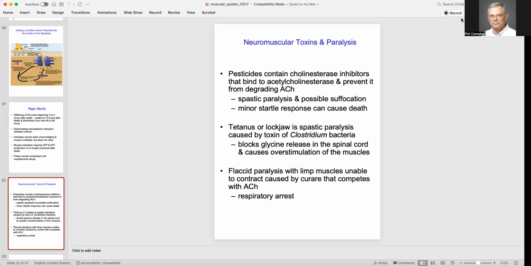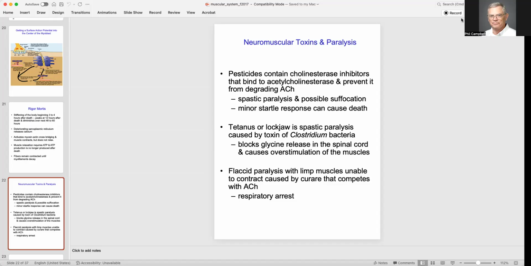What curare does, it binds to those receptors. It blocks the binding of the neurotransmitters, but it does not transduce a signal. So in other words, those chemical gates don't open, which means that you can't get stimulation of contraction, which means that you are in a constant state of relaxation.